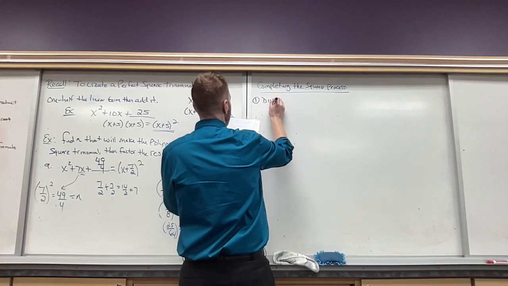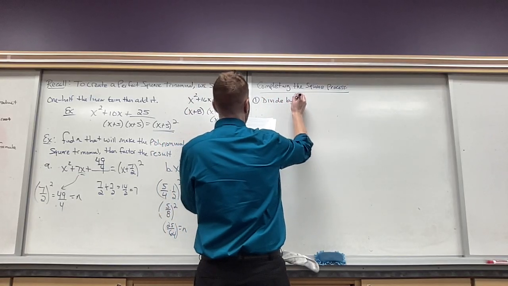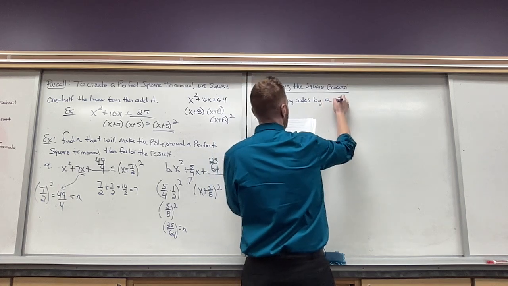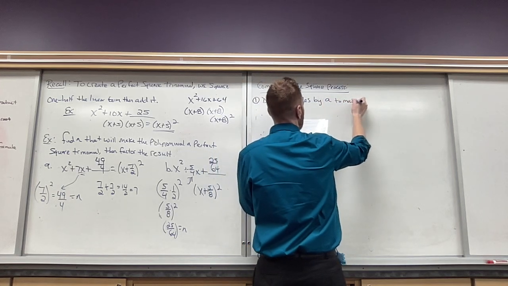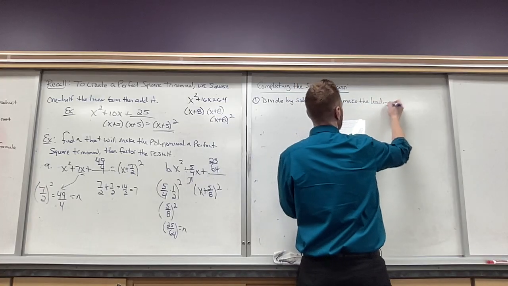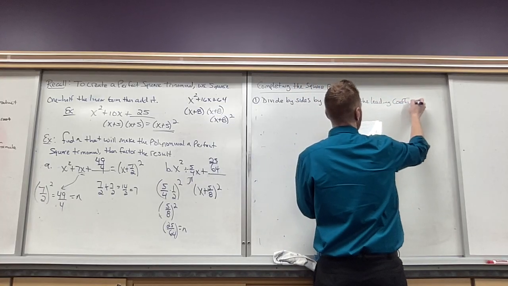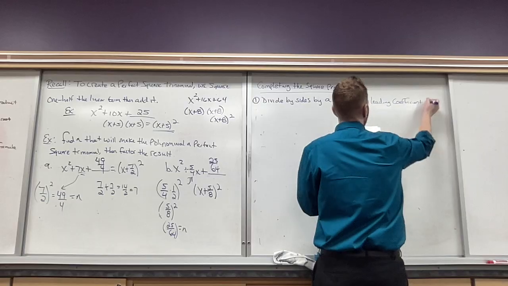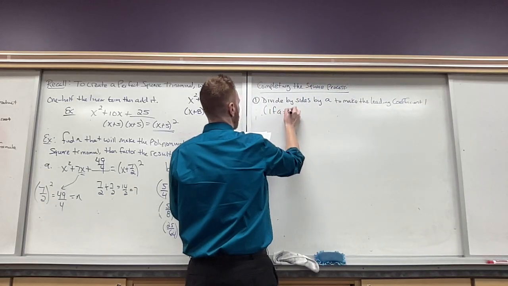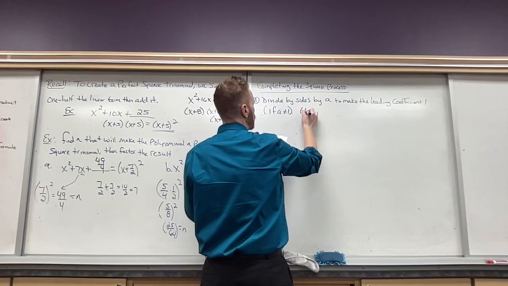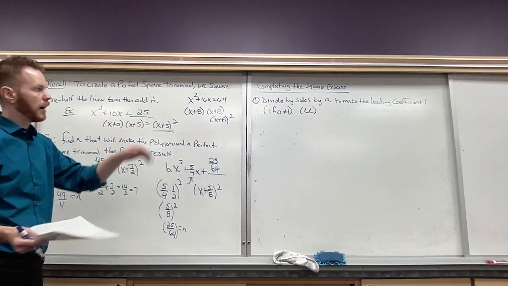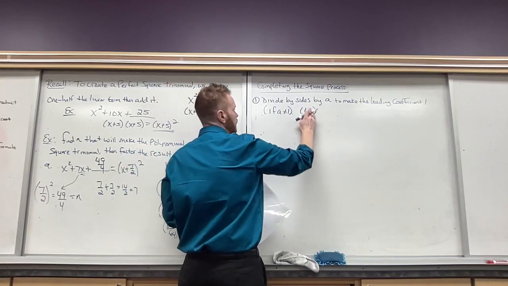First step, divide both sides by a to make the leading coefficient 1. Assuming a is not already 1, okay? I'm also going to abbreviate in future videos, I'll abbreviate it as LC, leading coefficient.